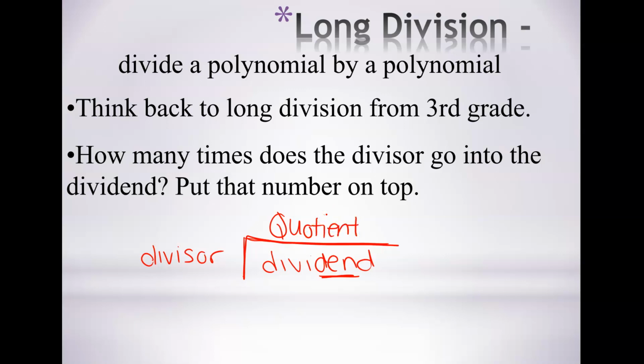And then if our answer isn't nice, we add to the quotient our remainder. So divisor is what we're dividing by. The dividend is the numerator. It goes in the den of the division. The quotient is what's up top. And then we add to it the remainder.